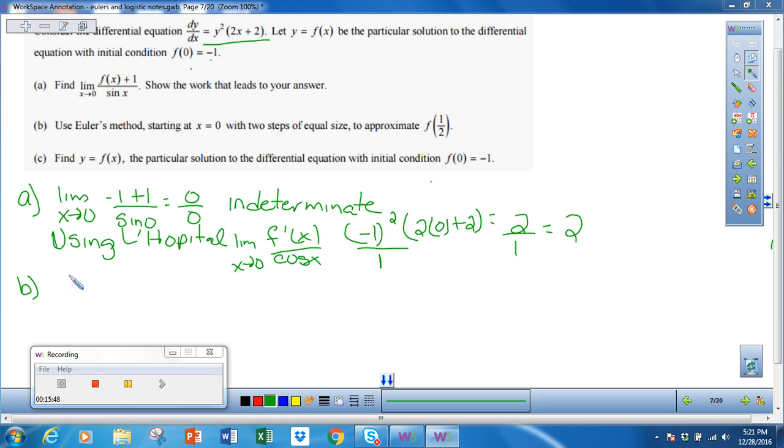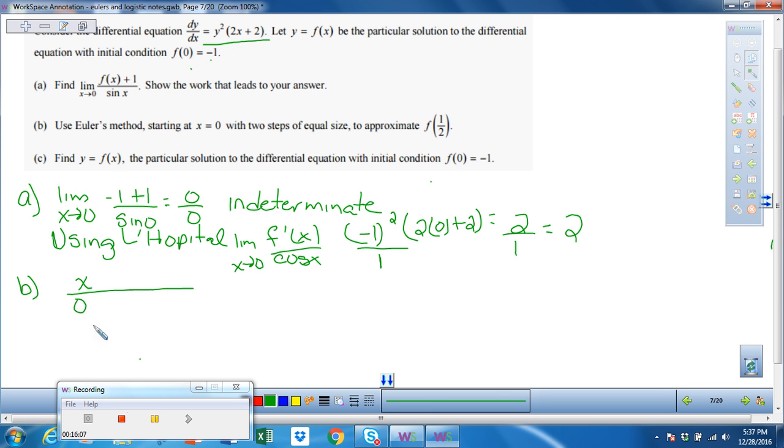So using Euler's method with x equals 0 and 2 step sizes to approximate f of 1/2. So that means that if we're trying to get to 1/2 using 2 step sizes, we're going to have to start at 0, and then what size are our step sizes? 0.25. So I have to do 0.25, and then once again I get 0.5 or 1/2.